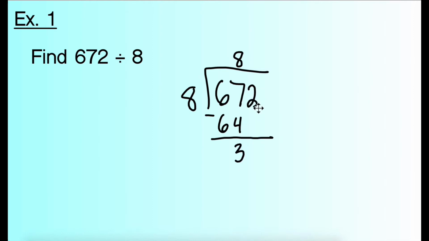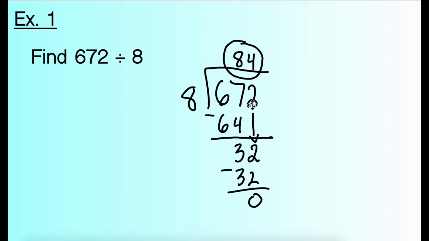There's a 2 that's in this number, and I'm going to bring it down since I didn't use it yet. And back to my line of questioning. Can 8 go into 32? Why, yes it can. It can go in 4 times, and 8 times 4 is 32. So it goes in 4 times evenly because there's nothing left over. So 672 divided by 8 is 84. That would be my final answer.